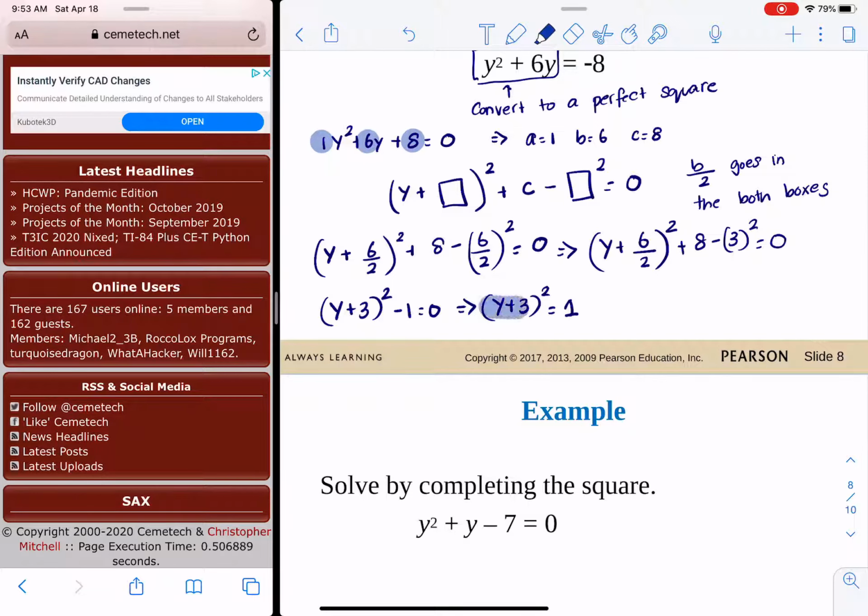Notice how the left-hand side now is a perfect square. So we can use the square root property to solve this equation. So take the square root on both sides.